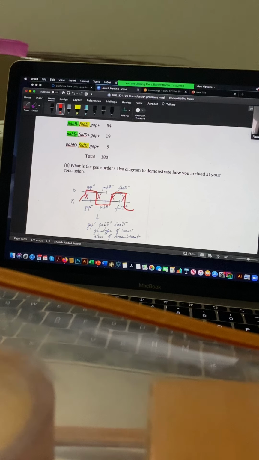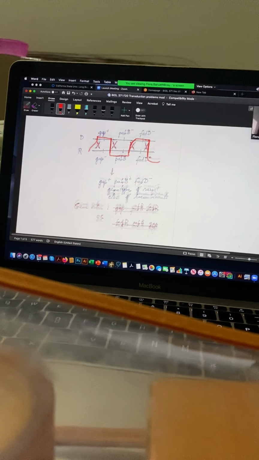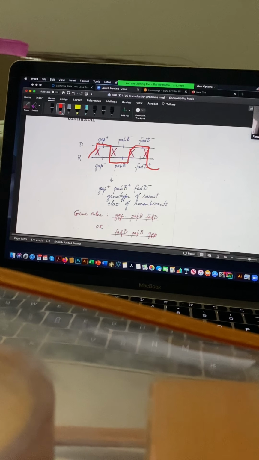Let me increase that here. So you get a recombinant that is GAP plus, PAP plus, FAT minus, and that corresponds to the rarest class of recombinants.